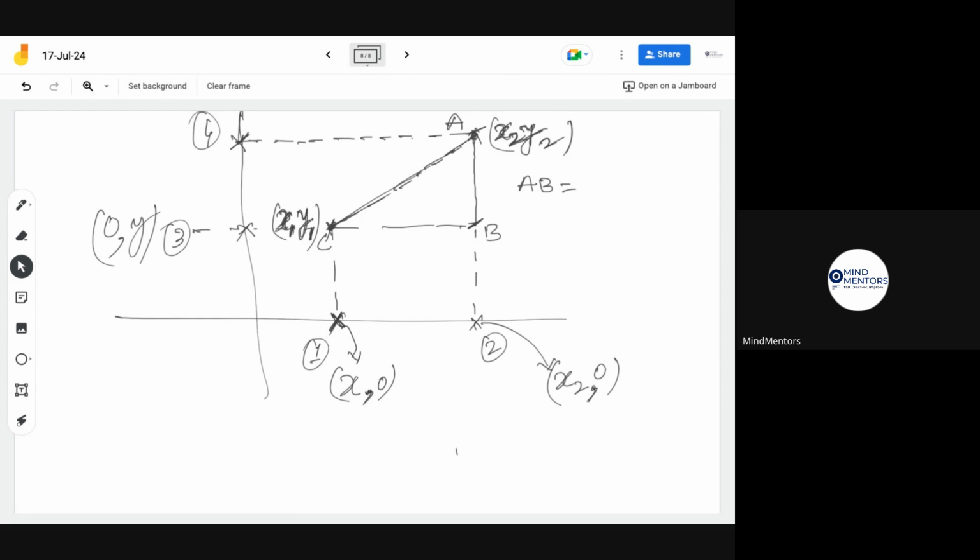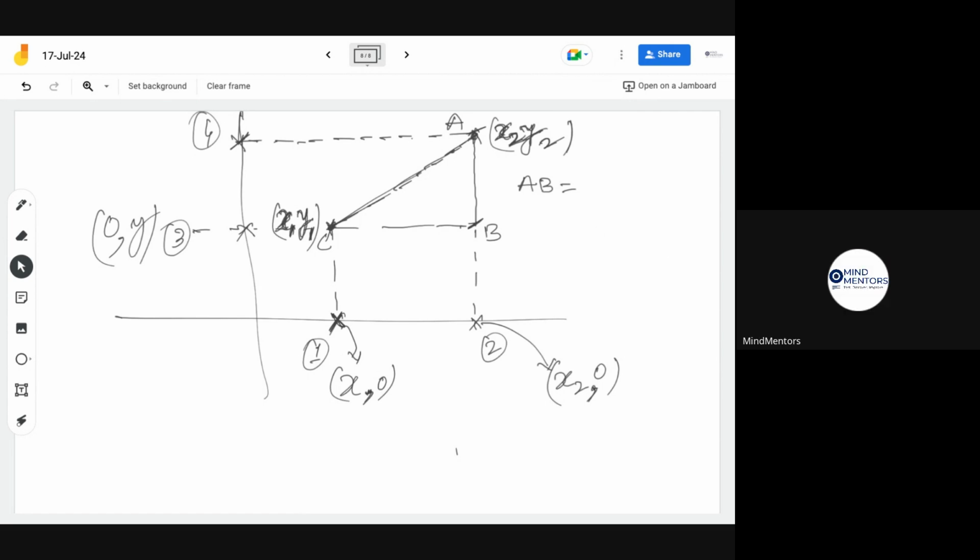Ansh, what's the coordinate of point number 4? It's something, Y. Is it X?